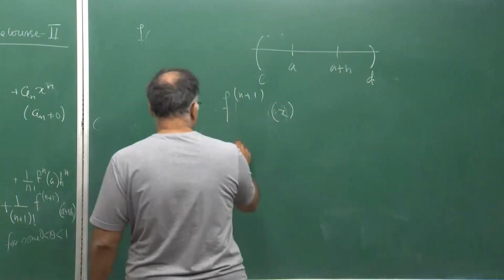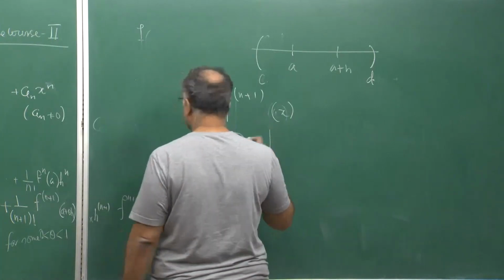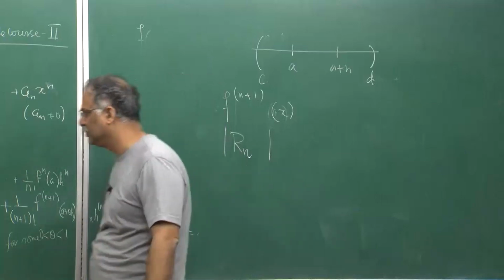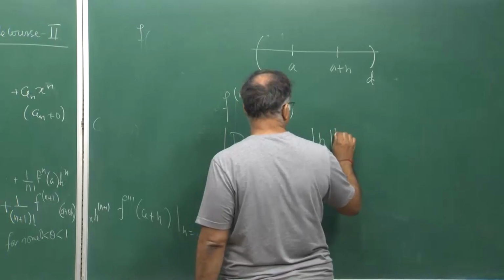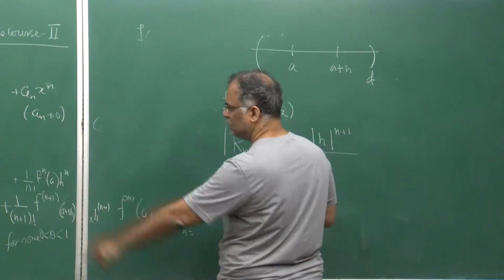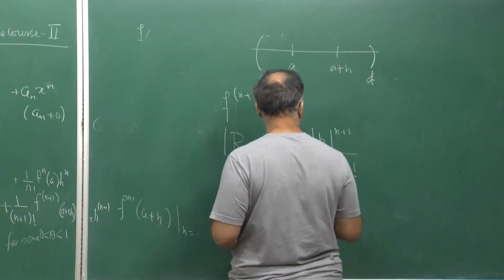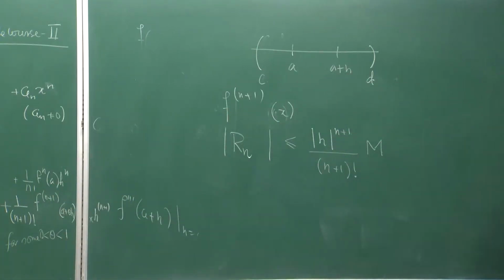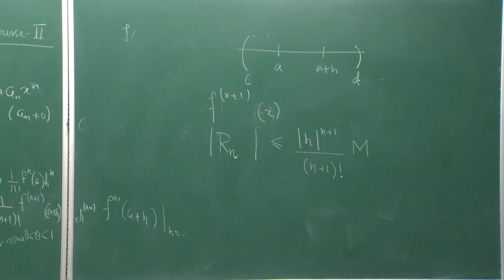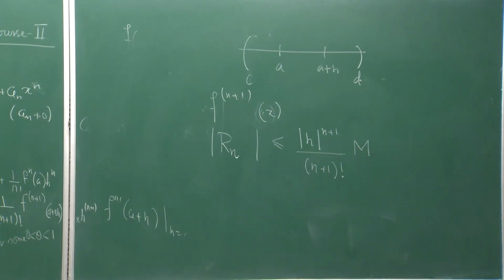Then mod of R_n would be less than or equal to mod of h^(n+1) by mod of (n+1) factorial into some M, which is the bound of this function. Now the question is, as n tends to infinity, what happens to this?